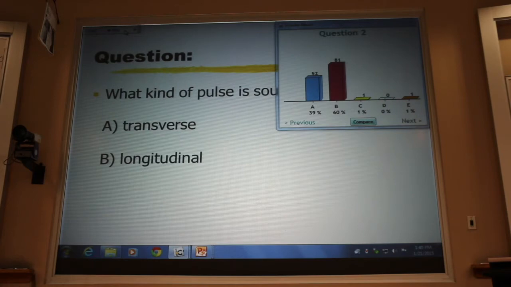Now, because these billiard balls aren't tied together, I can't possibly send a transverse pulse through the air. A transverse pulse would require this billiard ball to reach over and lift up its neighbor billiard ball. And they don't even know they're next to each other. The same thing is true for any fluid.